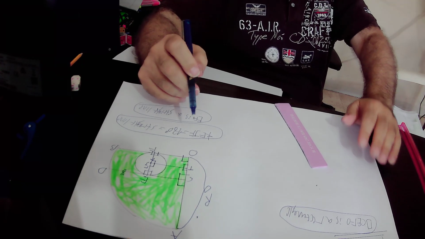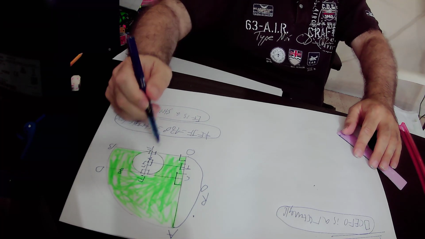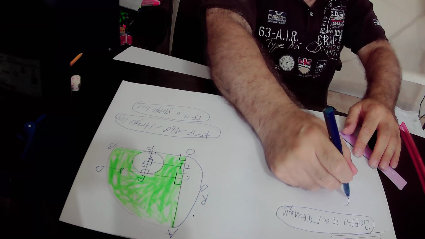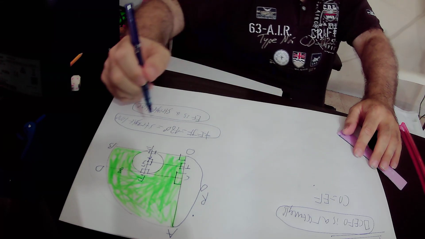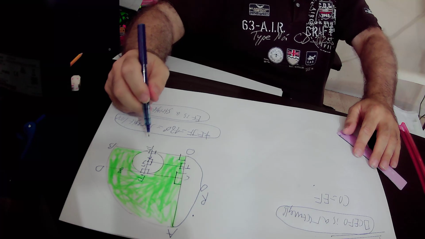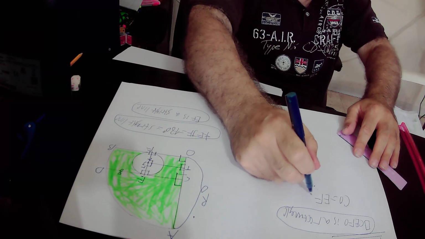And we know that the opposite sides of a rectangle are equal to each other. That is to say, CO equals EF, according to the rule that the opposite sides of a rectangle are equal to each other. But we have already found out that EF equals R plus R, that is 2R.